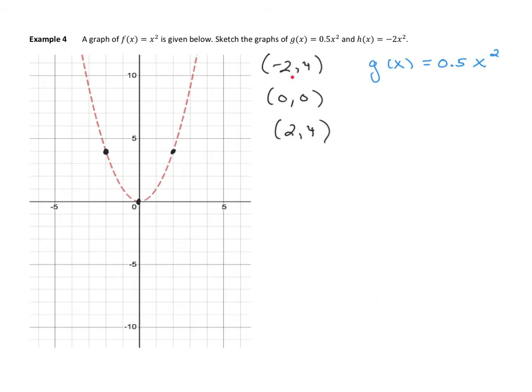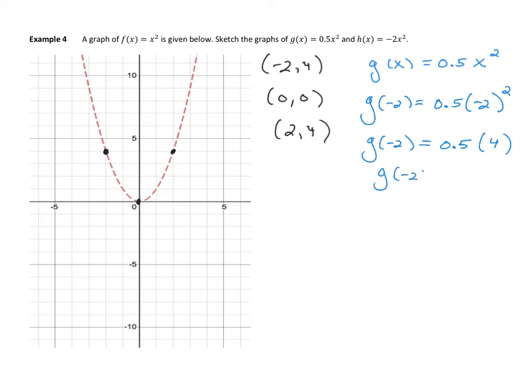I'm going to start with this one here. I'll take negative 2, put it in place of x, and see what happens. So g of negative 2 is 0.5 times negative 2 squared. So it's 0.5 times 4. And that's really half of 4, and half of 4 is 2. So this point was at 4, and now it's down at 2.